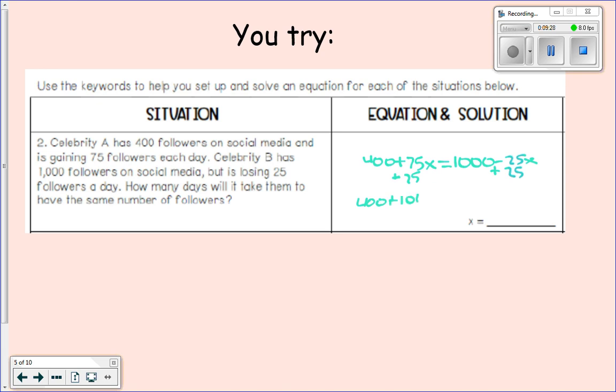Good. 400 plus 75x equals 1,000 minus 25x.